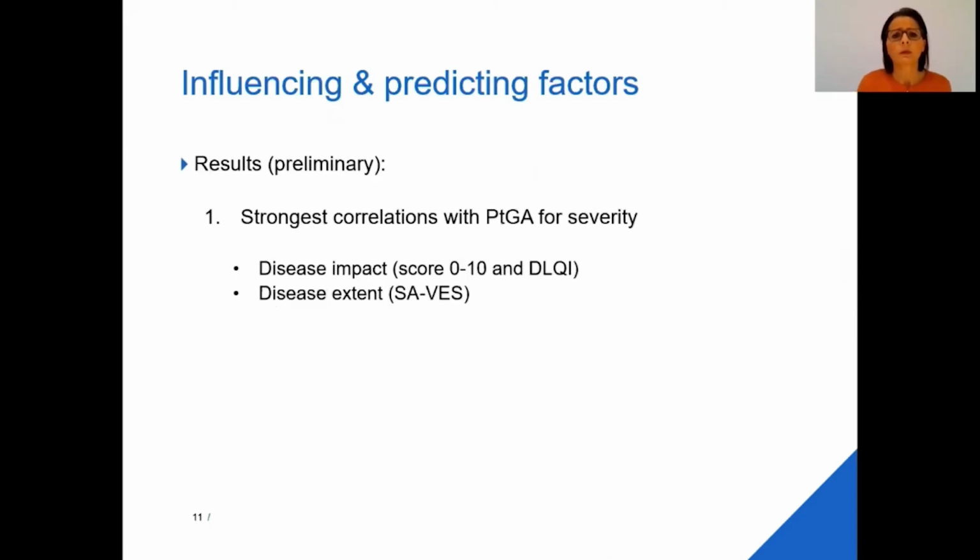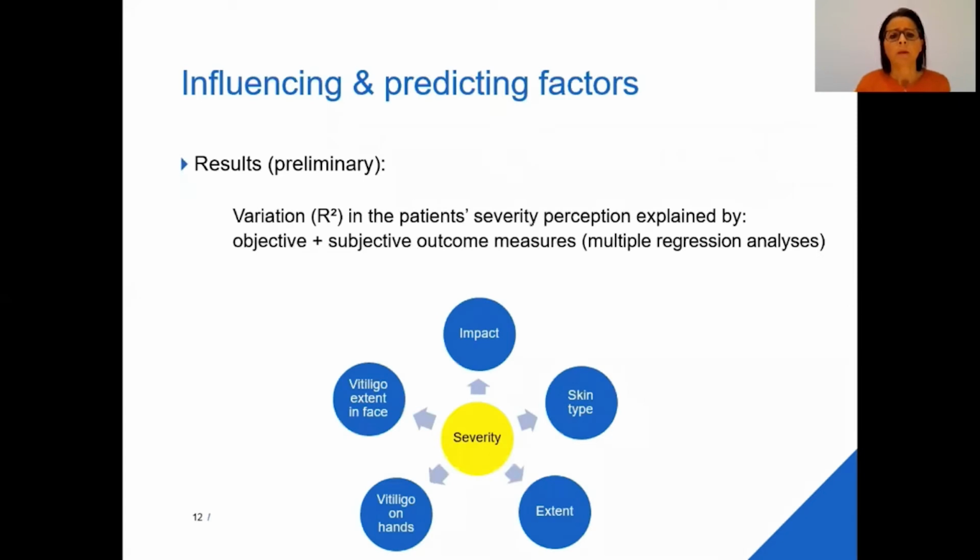So coming now to the results. The strongest correlations between the PGA for severity were found with disease impact and disease extent. The variation in the patient's severity perception was explained by objective and subjective outcome measures.